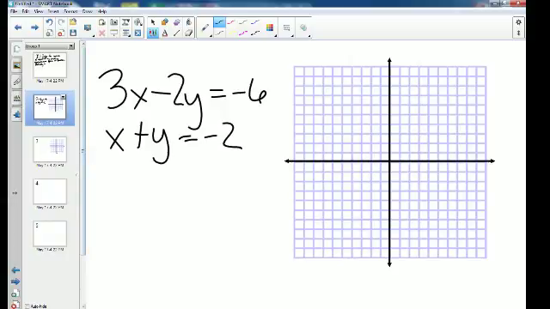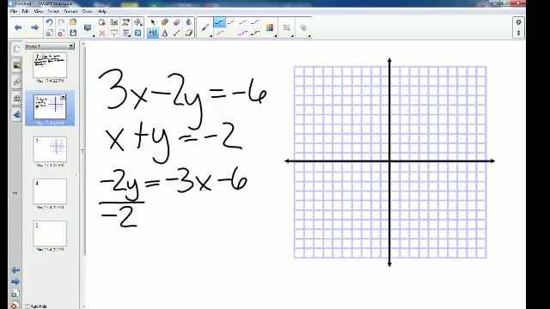On the first one, we're going to subtract 3x, and then we end up with -2y equals -3x minus 6. Then we divide both sides by -2 to get y by itself.